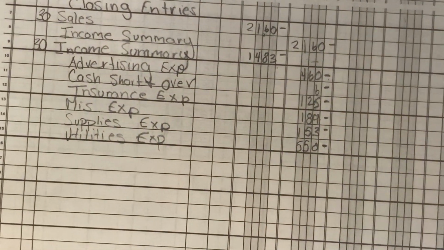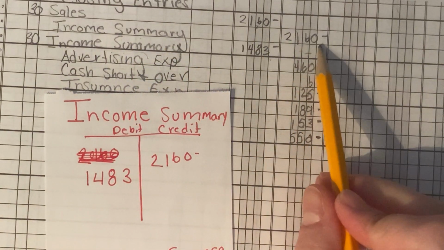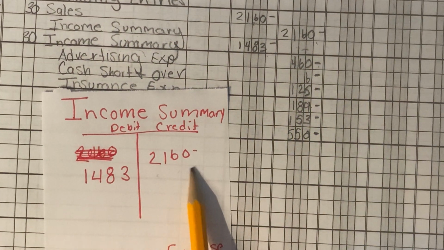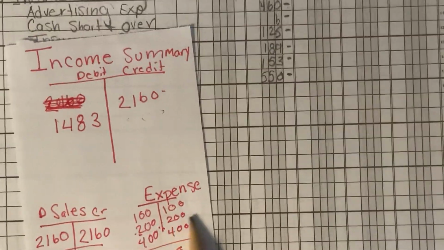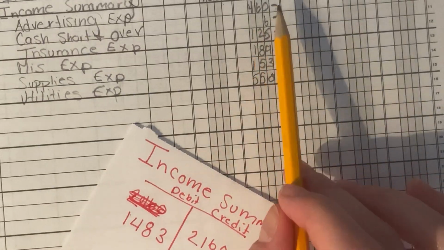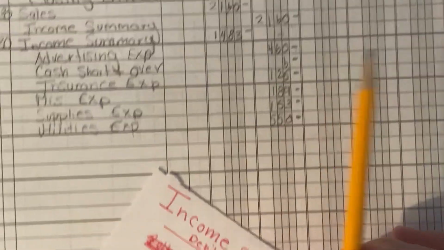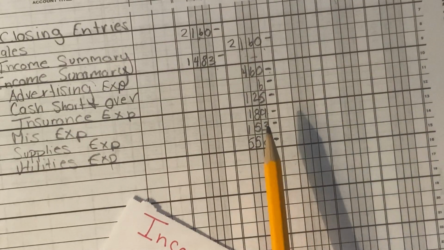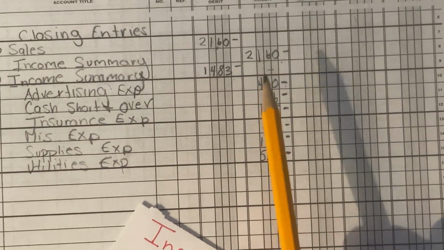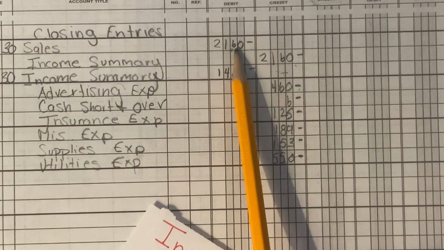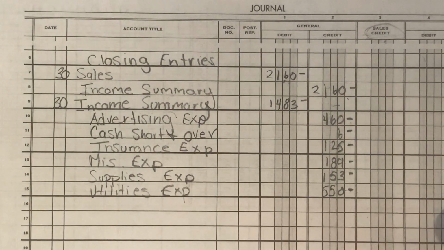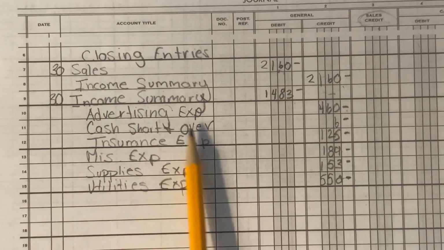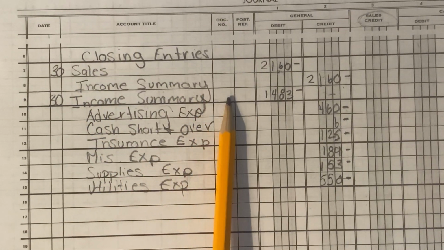So in my income summary accounts, I have a credit of the $2,160. I have a debit of the $1,483. My expense account is now zeroed out because I just credited all of the original debits on my book. Same thing here. I just debited the original credits on my book, and I've closed out the sales and expenses to my income summary accounts.